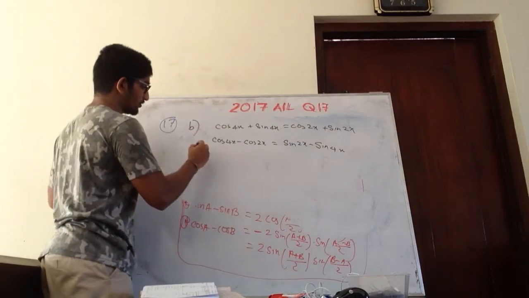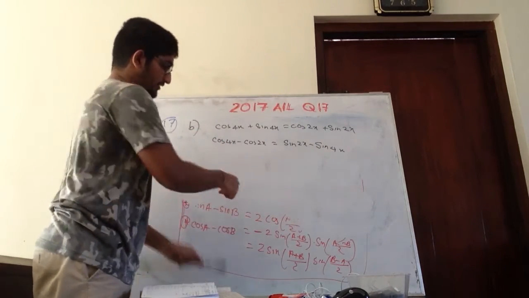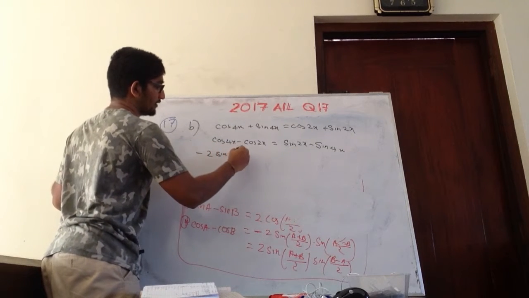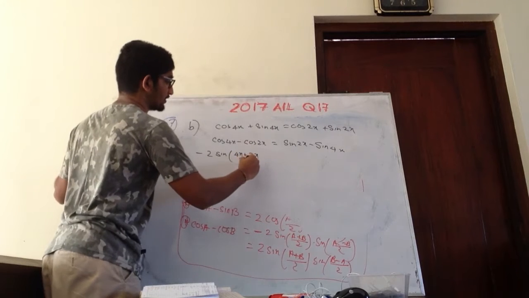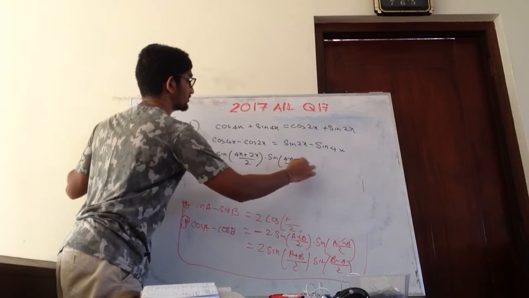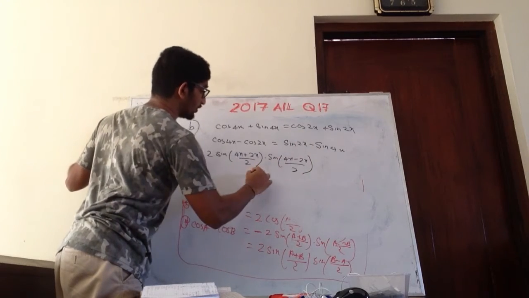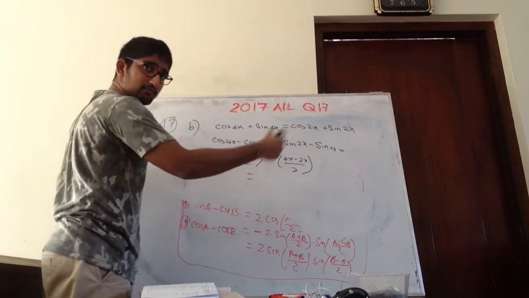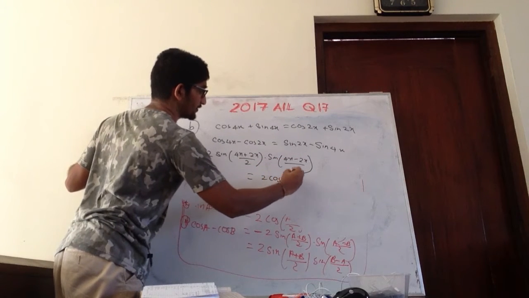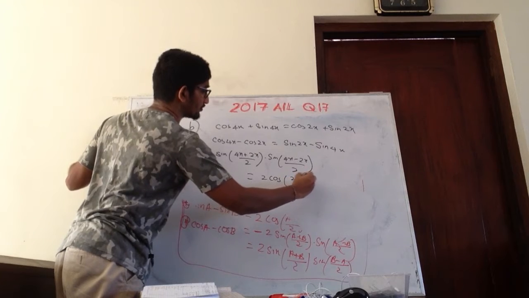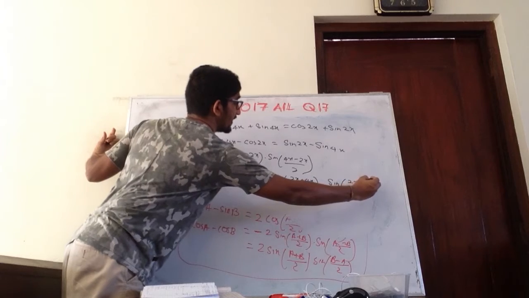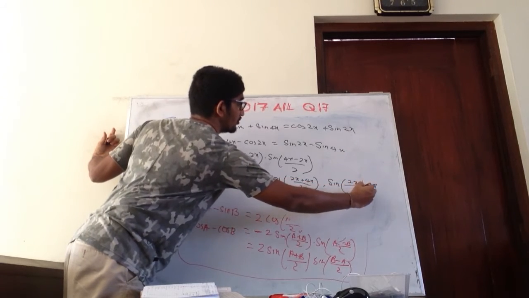So I'm going to use this minus equation, that is minus 2 sin (4x plus 2x)/2 sin (4x minus 2x)/2 is equal to, for the sine minus sine, 2 cos (2x plus 4x)/2 sin (2x minus 4x)/2.